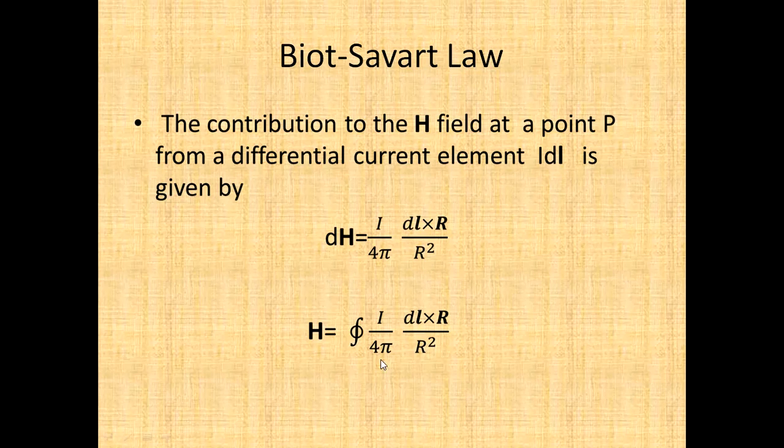H is the integration of I upon 4 pi dl cross R bar divided by R square. So the Biot-Savart law is given in integral form in this way.